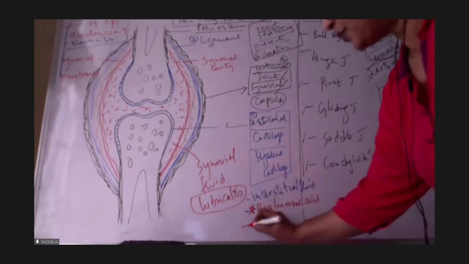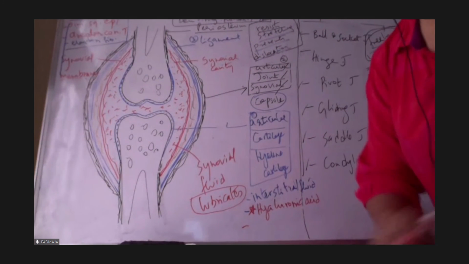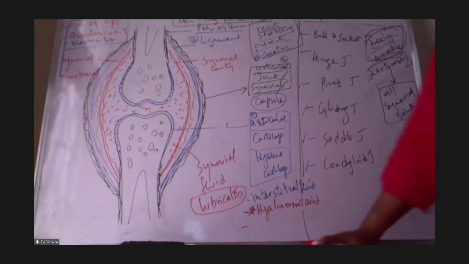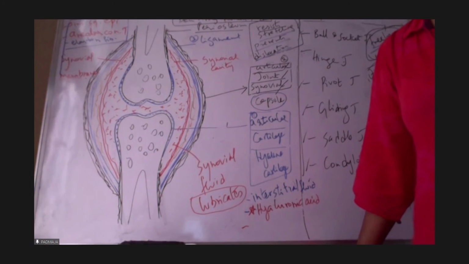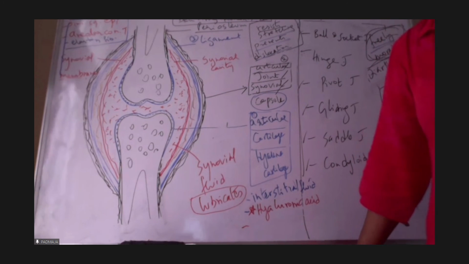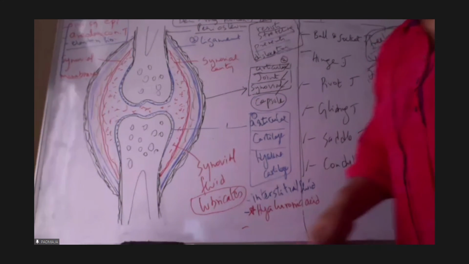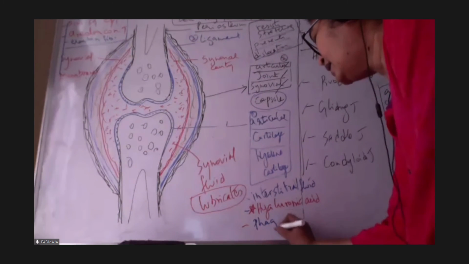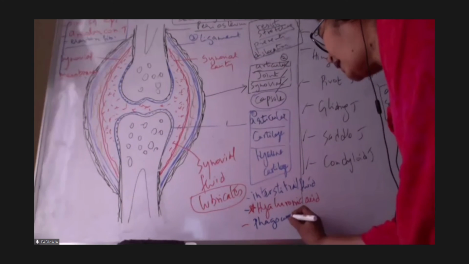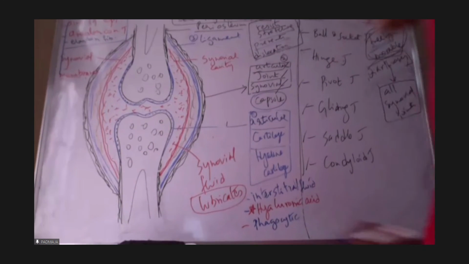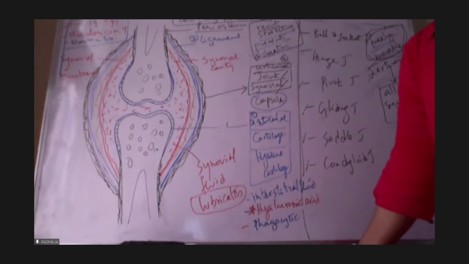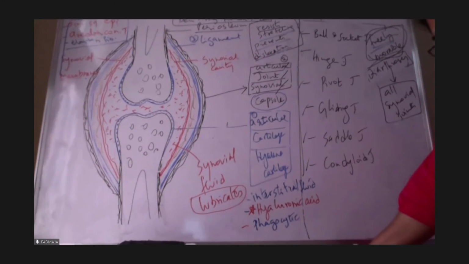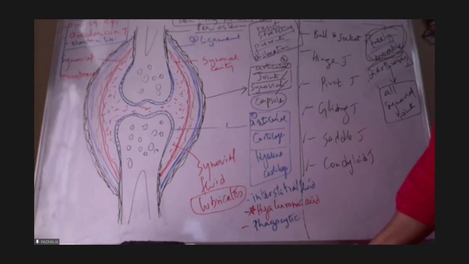And of course, you know very well, in all tissue, WBC are present to protect us from disease causing pathogens. So this fluid also includes phagocytic cells and other WBC like neutrophils, mast cells, all WBC, particularly phagocytic cells.